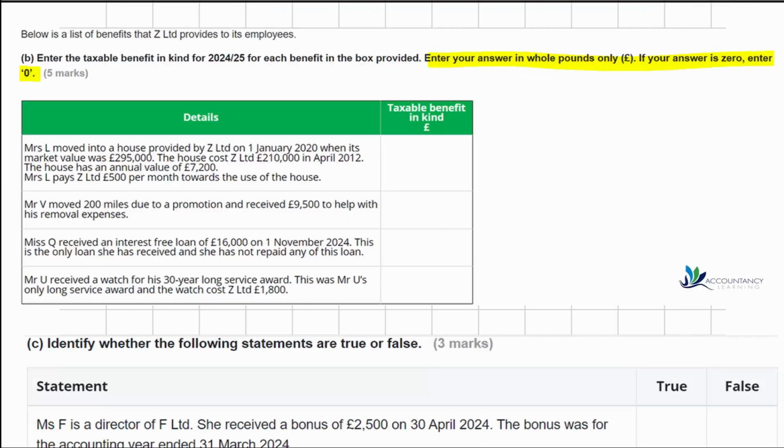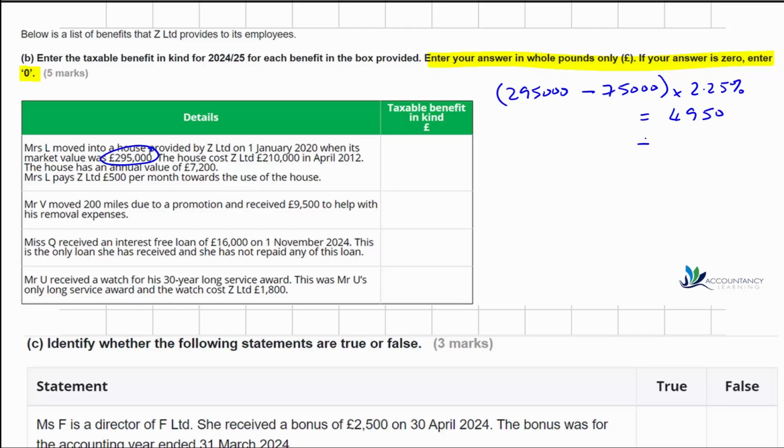So to work out the taxable benefit in kind, we're going to take the market value of the house, that's the 295,000. We can deduct the expensive accommodation allowance, and then we multiply by the official rate of 2.25%, and that gives us a figure of 4,950.